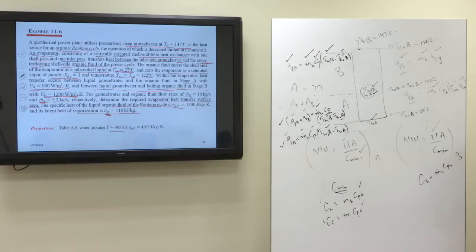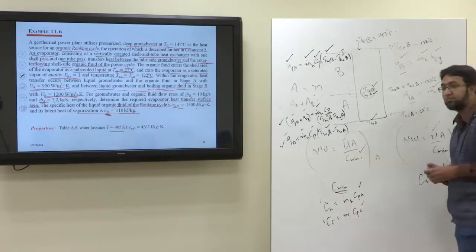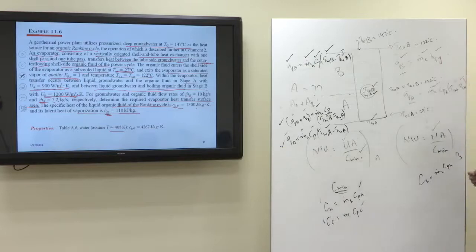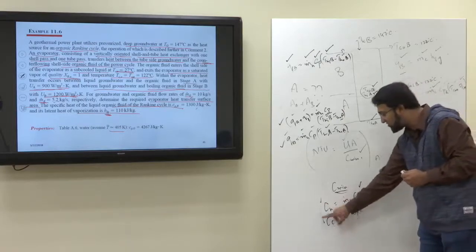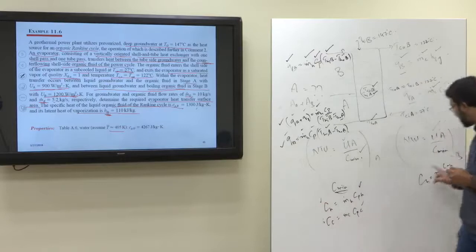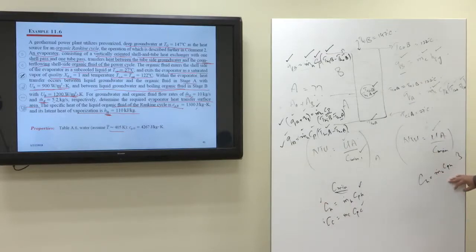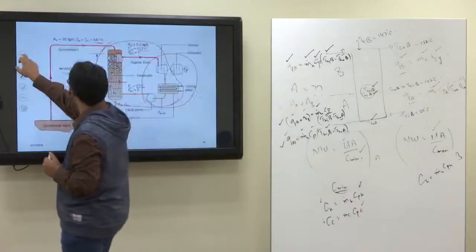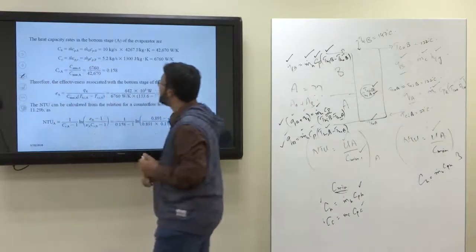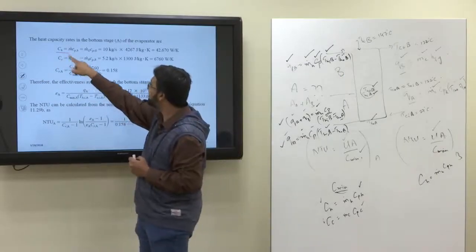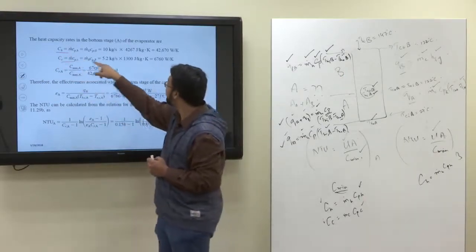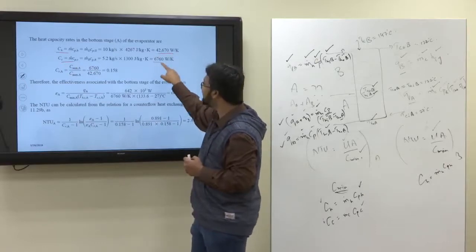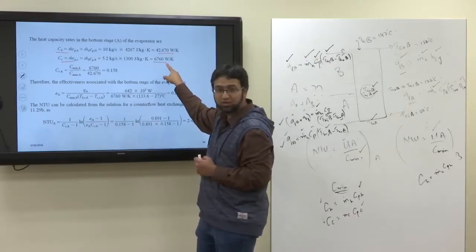Is it clear? So the value for the CH here, so you're going to equal the CH there? So both will be same values here, CH. But here C minimum will be based on the decision between this and this. Here C minimum, it's already pre-decided. Okay. It's the hot side. Okay. CBH and CB cold. So look at here. We have CH for the hot side, CC for the cold side. It's 4267, 6760. Okay.